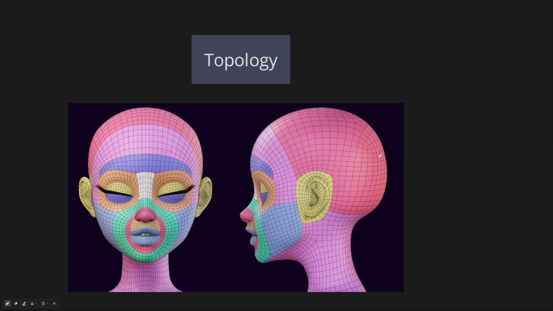The couple things we're going to want to focus on is just creating the proper circles around the different areas of the face, and not every face has the same edge flow, right? The different proportions of the head can also affect the way you create your topology.